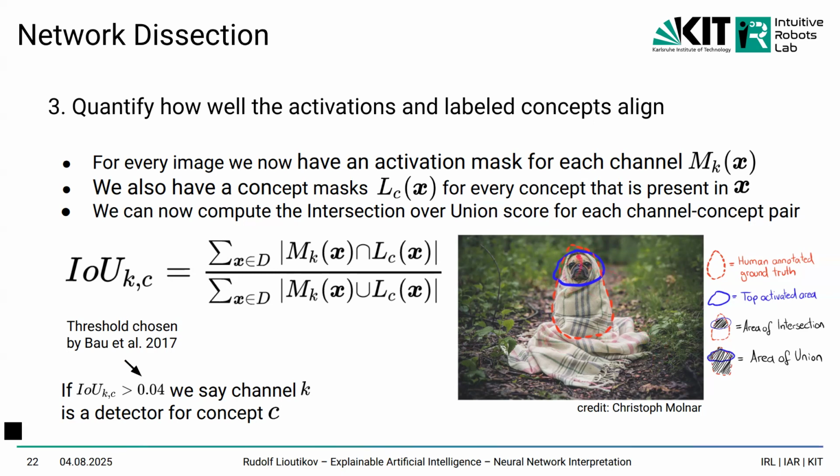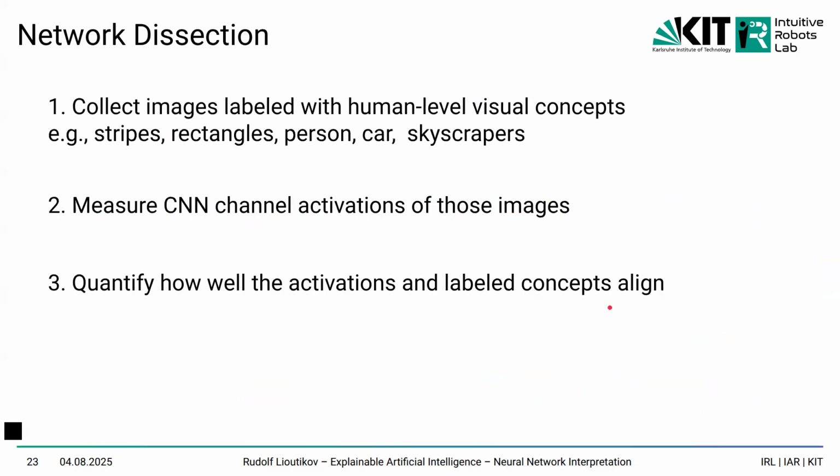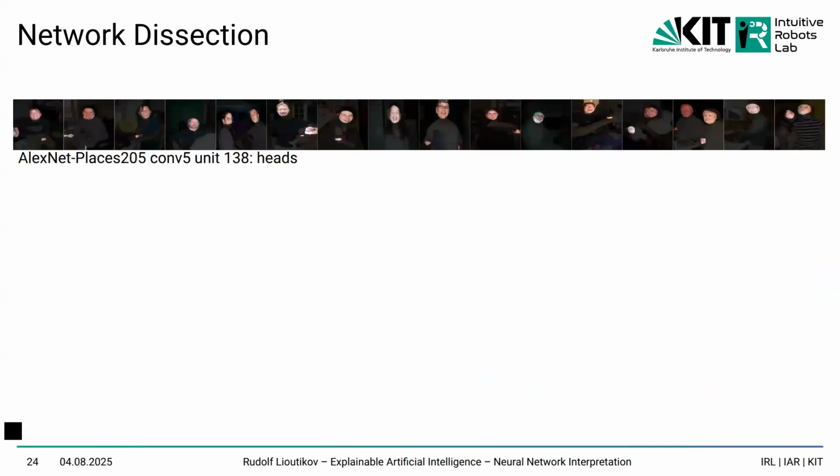And then the intersection over union tells you whether this concept, let's say the dog face concept, is a relevant concept for the activation of these channels or not. And this is basically the entire three-step approach.